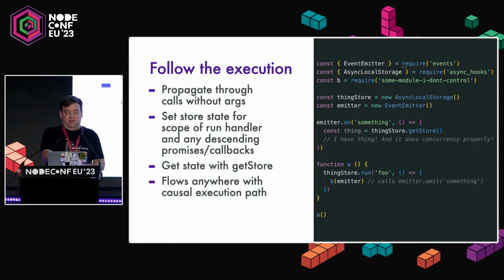So eventually the emitter on something gets called, and so store.getStore was able to get foo out of it there. As long as a causal path can be drawn of execution from the start to wherever you want to get to, async local storage should flow through that.